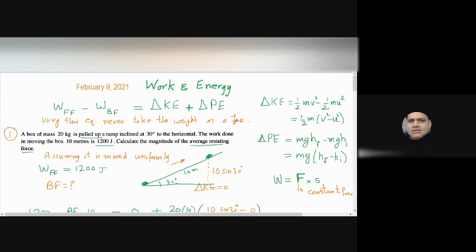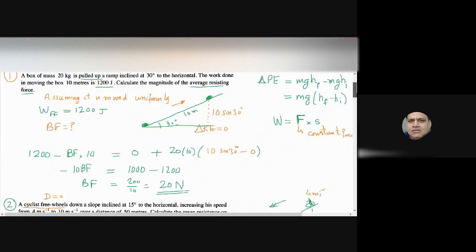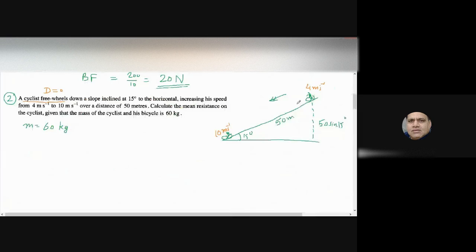Weight or its component we will never take as a force, because it is already considered in the delta PE. That is actually the work done by the weight or against the weight in both cases. So on the left side, we will not take the weight as a force. So W sine theta we will not take here. Okay, so now the work energy equation is this.